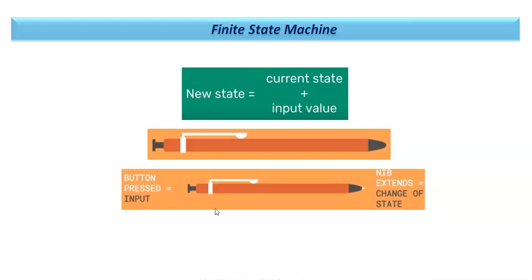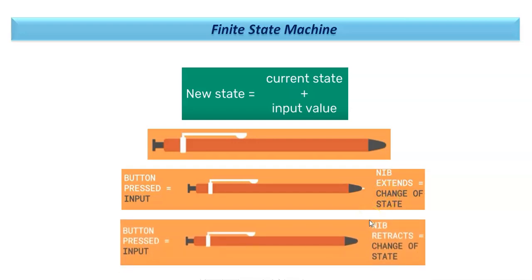So depending upon the input, whenever I am pressing this, and depending upon my current state, because here previously the nib is inside, now after the button is pressed, the nib is coming out. So this is my next state, that is, the state is changing. Now the same input I am giving, but because the state previously was nib extended, now the nib will be retracted.